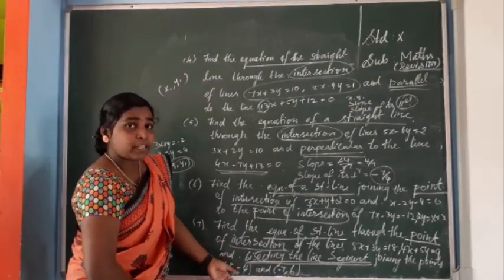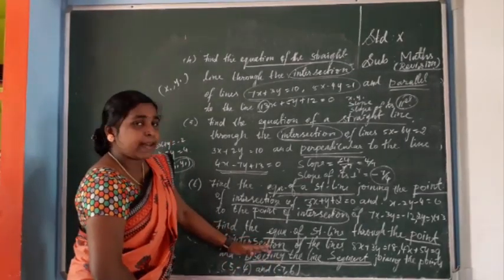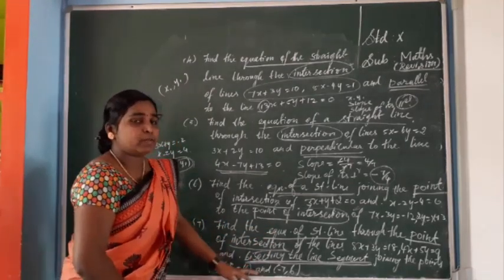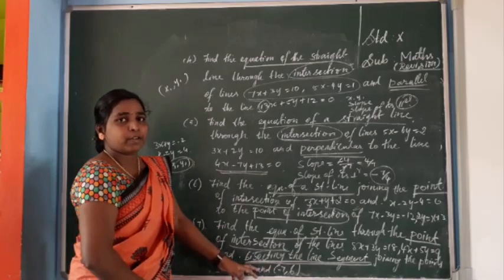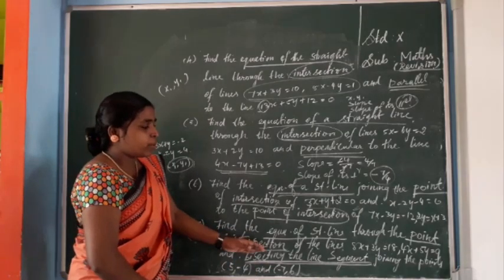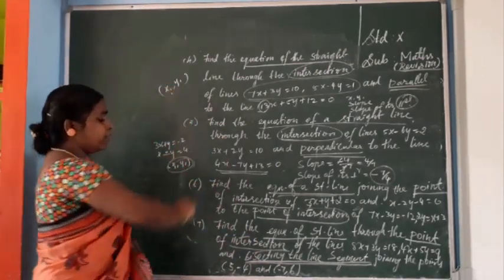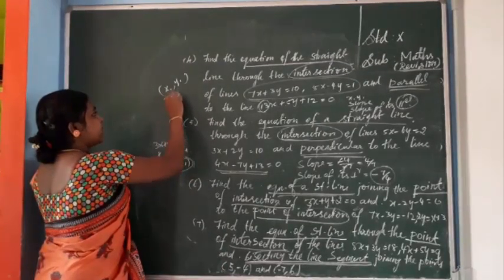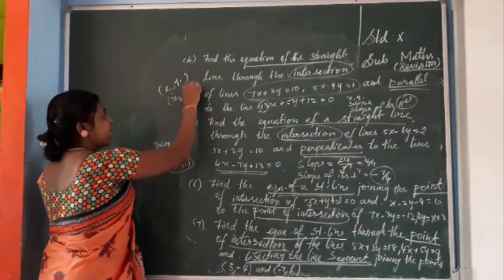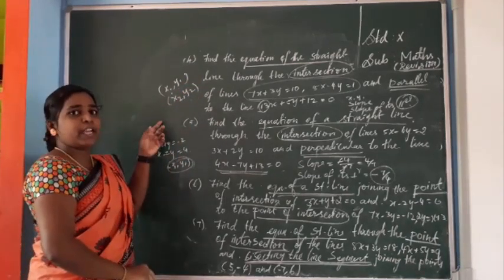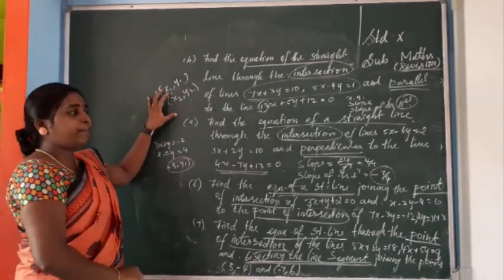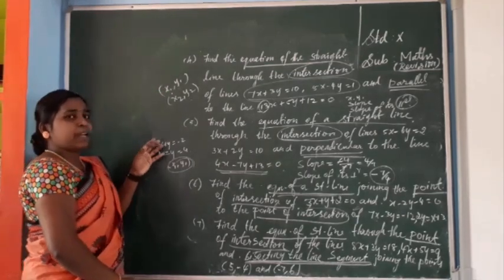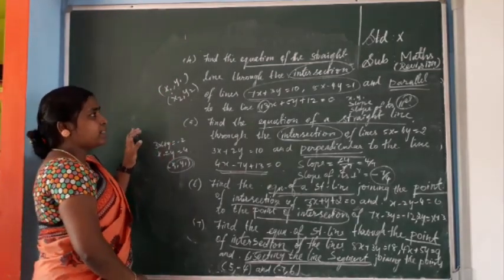So first solve the equations to get one point, then find the midpoint of the two given points. After simplification of the midpoint, you get one more point, x2, y2. So here also the two-point formula: equation of a straight line is y minus y1 by y2 minus y1 equals x minus x1 by x2 minus x1.